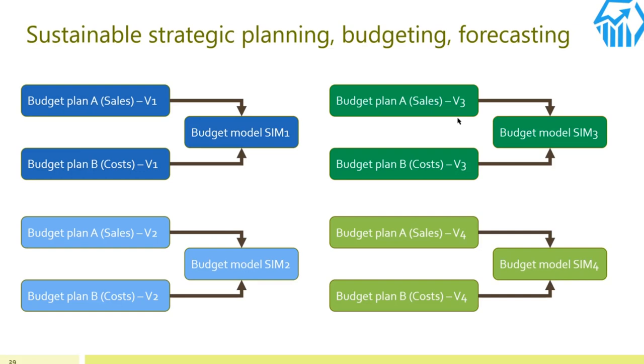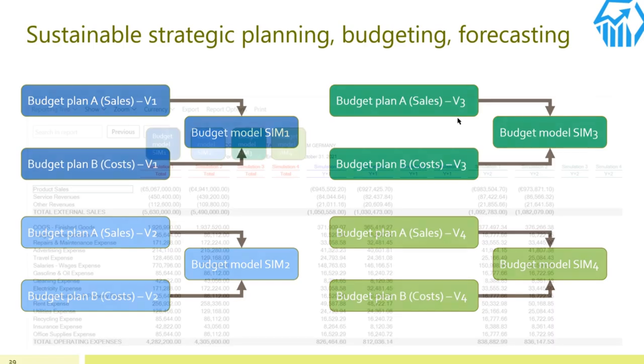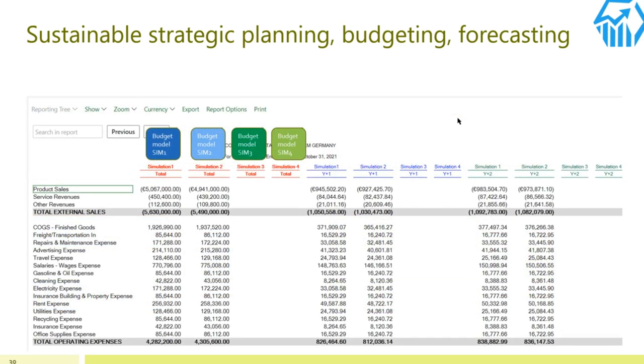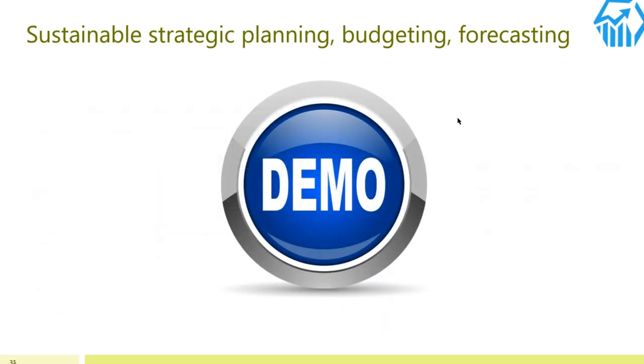And what I used is always a specific budget plan. A budget plan A for the sales, a budget plan B for the costs. And then I change a small variable, run the budget planning process again, and then try to see what is the effect on the total cost and revenues of my company. So to get a simulation of that. That's here a screenshot of my report. But let us have a look at my system and how it is actually working.